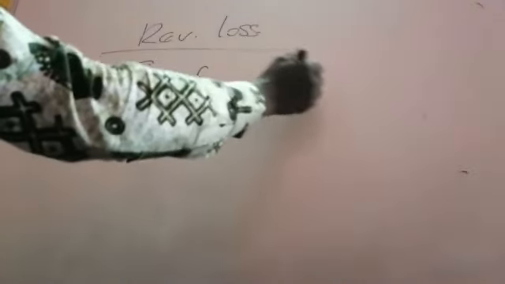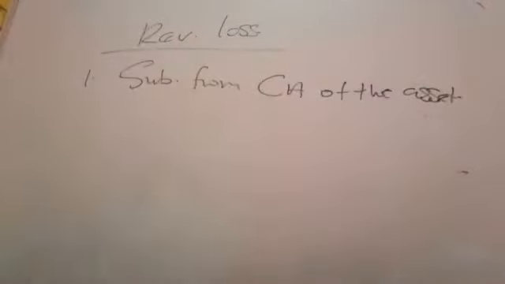I want to do 2 treatments. One, first the loss, so subtract it. Subtract it from where? The carrying amount of the assets. That's the first thing. Second, add it to the operating expenses, or expense it in the P&L.